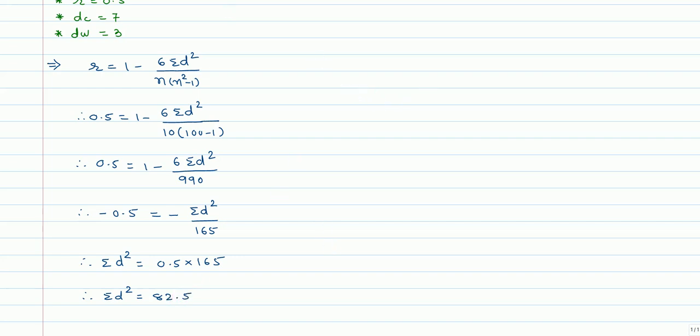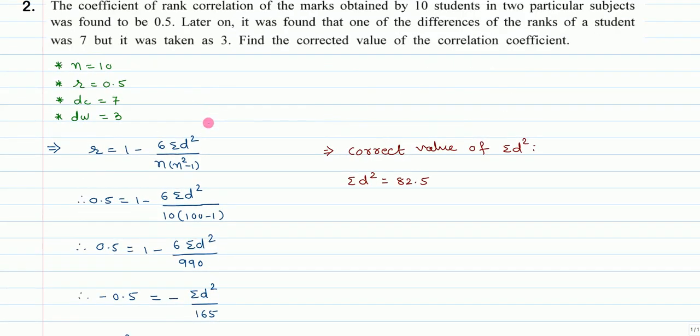Okay, now we have to find the correct value of sigma d square. Now see what happened. The correct value is 7. It was wrongly taken as 3.